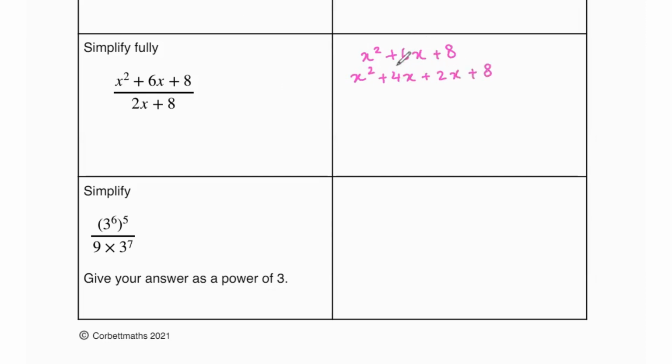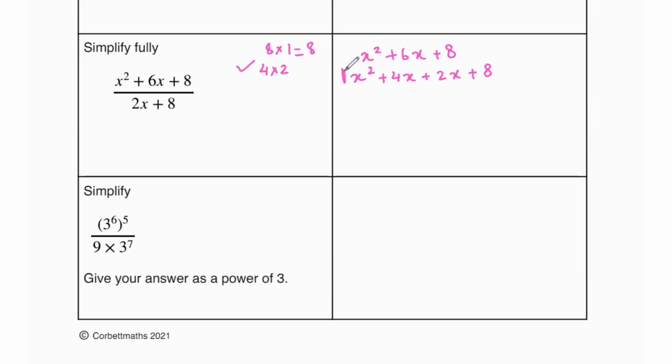We split 6x into 4x plus 2x because if we multiply the coefficient of x squared and the constant, that's 1 times 8, which is 8. If we list the factors of 8, that's 4 times 2 and 8 times 1. We pick the set of factors which, when added or subtracted, gives us the middle term, 6x, and that is 4 and 2. Hence, we replace 6x with 4x plus 2x.